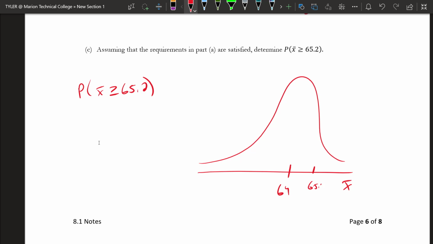And I'm finding the probability greater than or equal to, so that's shading to the right. If you use StatCrunch to find this, you should get that this is equal to 0.403.